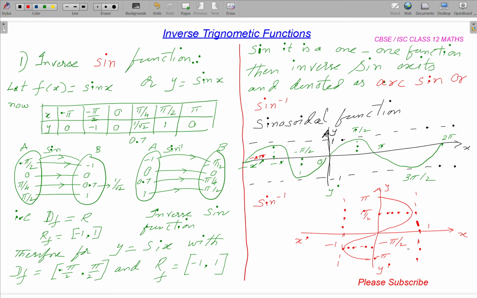Domain of f is R, and range of f is -1 to 1.